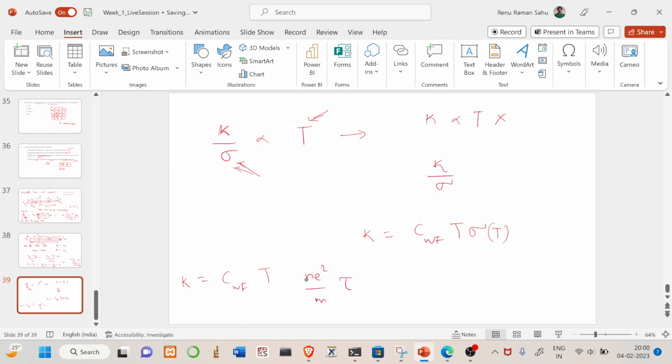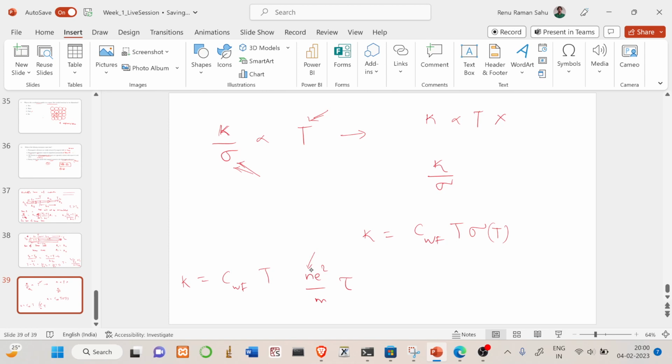So thermal conductivity is affected by both electron density and temperature. The material properties that come into the picture are the electron density, and tau, the relaxation time, is dependent on the temperature.